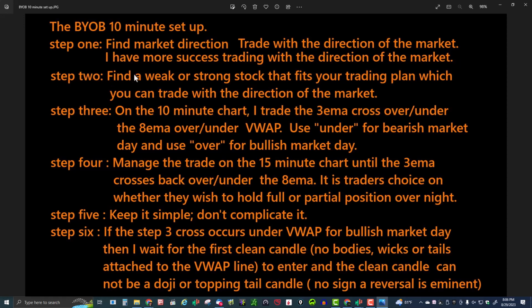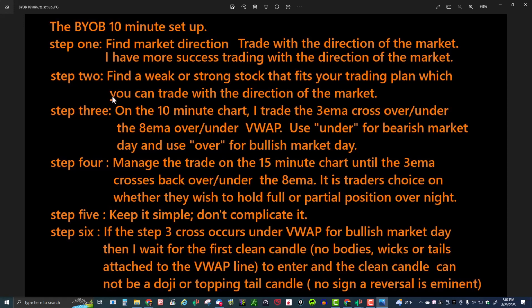Step 2, find a weak or a strong stock that fits your trading plan, which you can trade with the direction of the market. So if you've got markets going up, you're looking for stocks with strength that fit your trading plan. If you've got a $500 stock and you don't trade $500 stocks, that's not going to fit your plan.